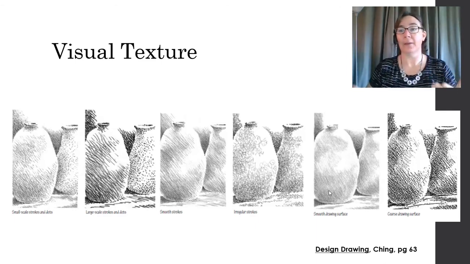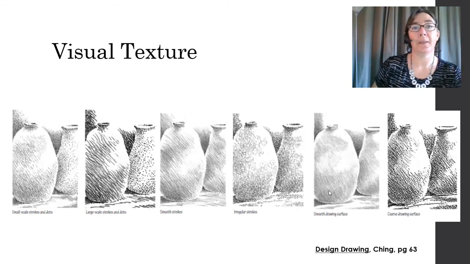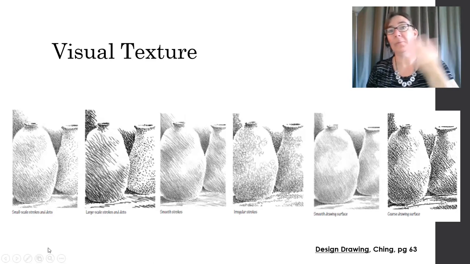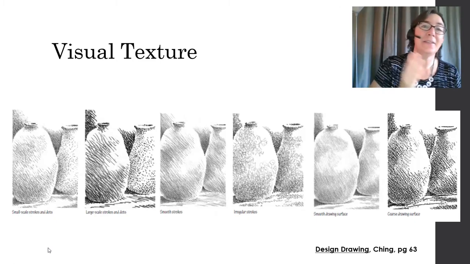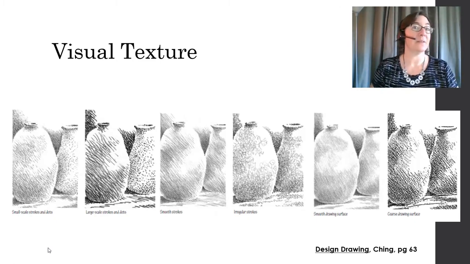I believe that they are a smooth feeling. But in this example, we're seeing many different visual textures used to imply and give depth and give interest to these drawings. All right, so enough talking. Let's try and make some textures.